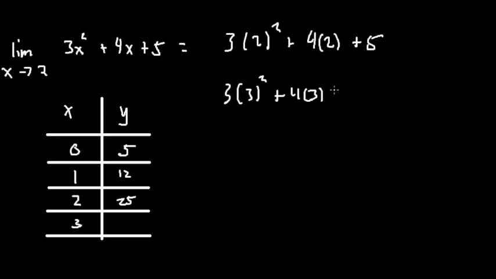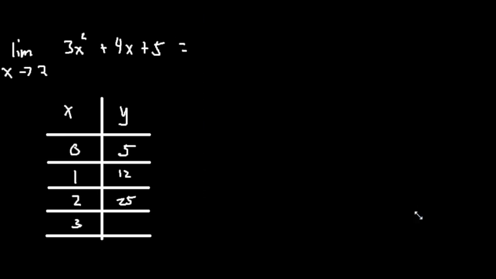This is going to be 9 times 3, so 27, plus 12, plus 5. 12 plus 5 is 17. So 27 plus 17 is 44. So if x is 3, y is equal to 44.